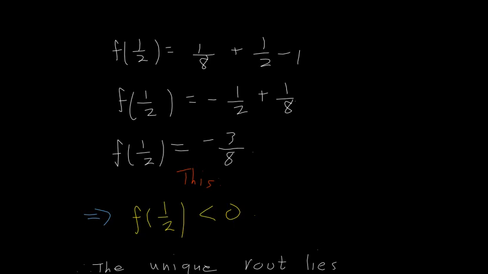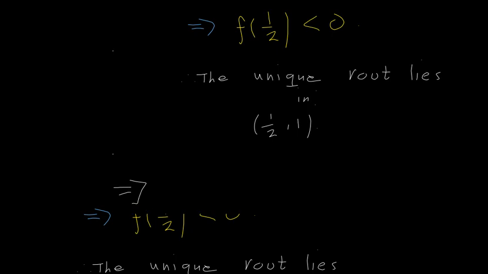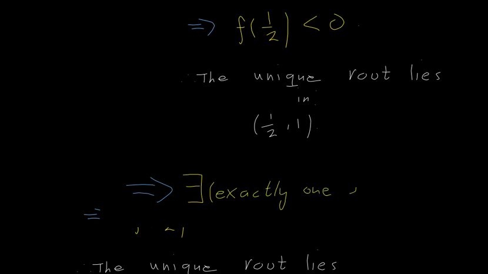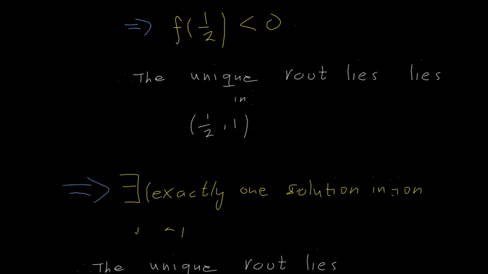This implies there exists exactly one solution in 0, 1 and in 1/2, 1.